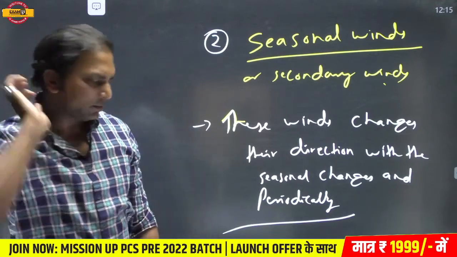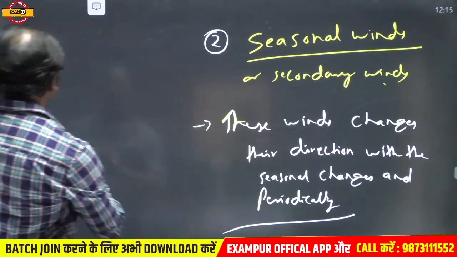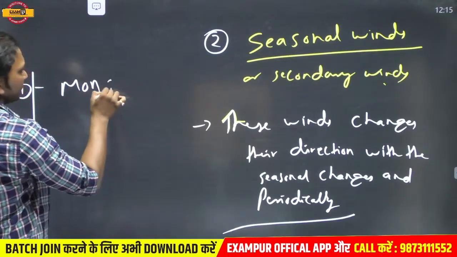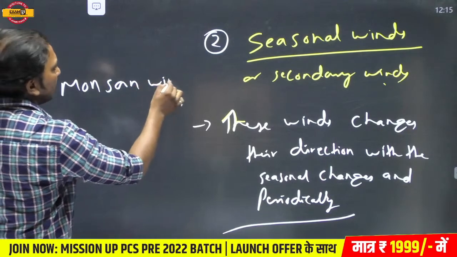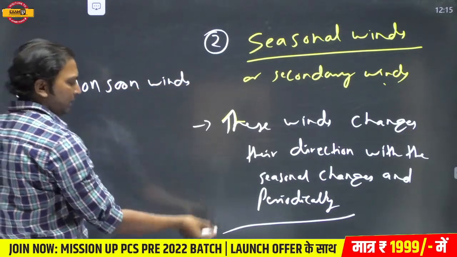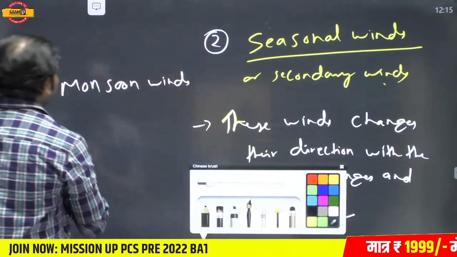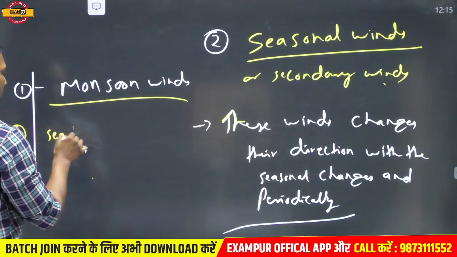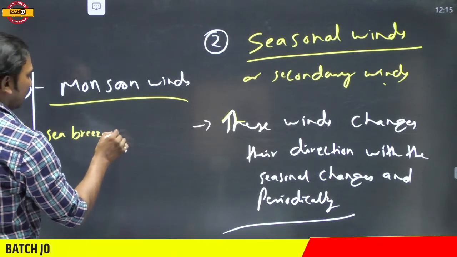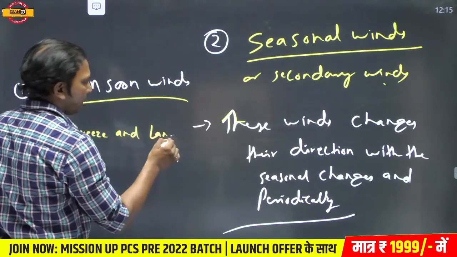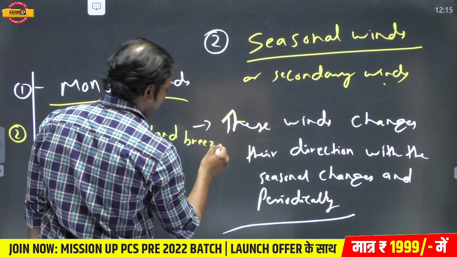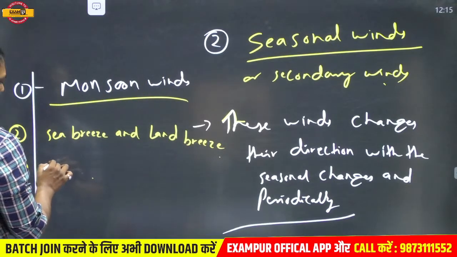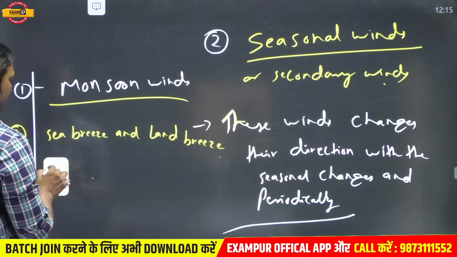Now, in seasonal winds, we will take examples of the monsoon winds. What are the types of seasonal winds? The first one is the monsoon winds. The second one is sea breeze and land breeze. And the third one is valley breeze and mountain breeze.